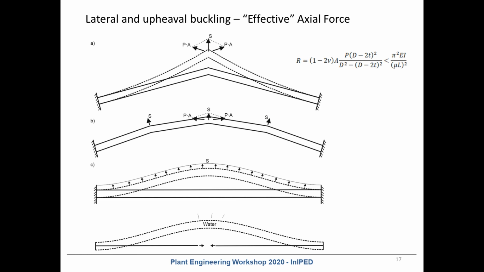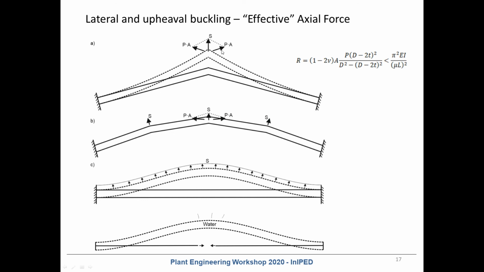Now let's talk about lateral and upheaval buckling. In this case we should use effective axial force too. This is not so obvious, so let me explain. For example, we have two pipes connected at an angle to each other, and we should apply the forces caused by pressure acting on the end caps of each pipe.